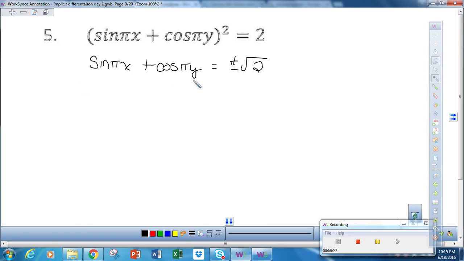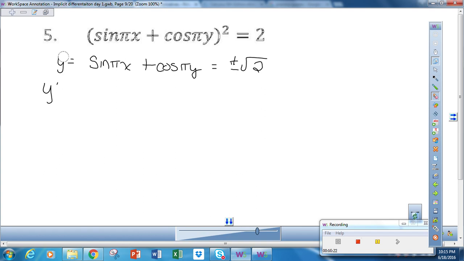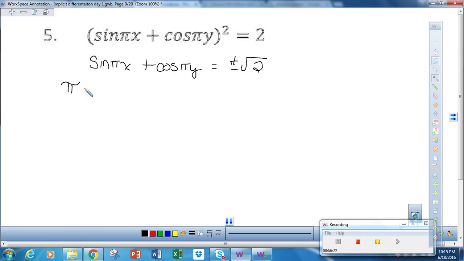So taking the derivative of both sides now gives me, I guess I can't call that y. That's why there's nothing there. So the derivative of this is going to give me, I have to use chain rule, so the derivative of pi x is pi, and then the derivative of sine pi x would be cosine pi x.